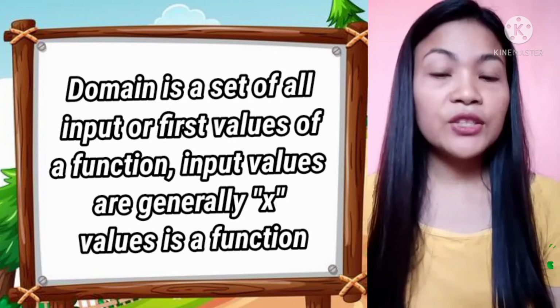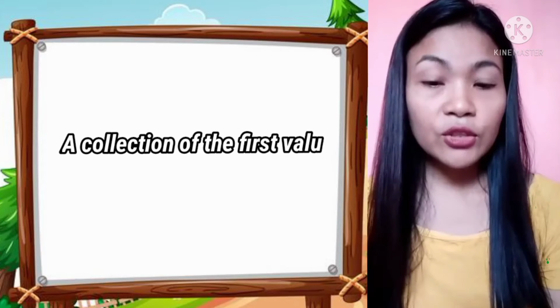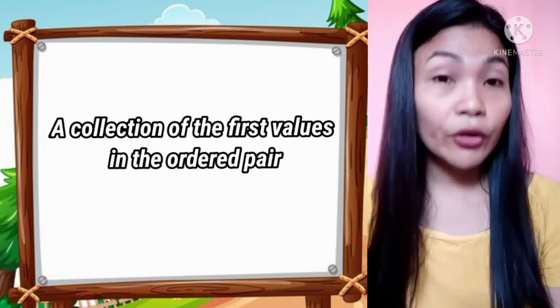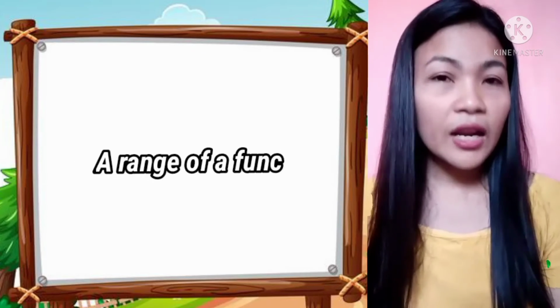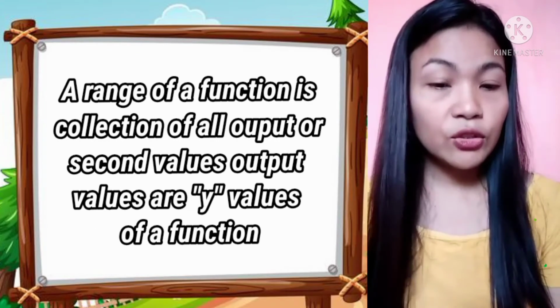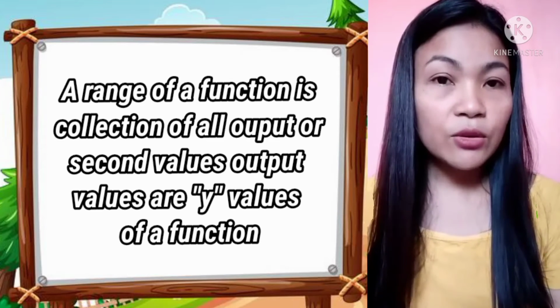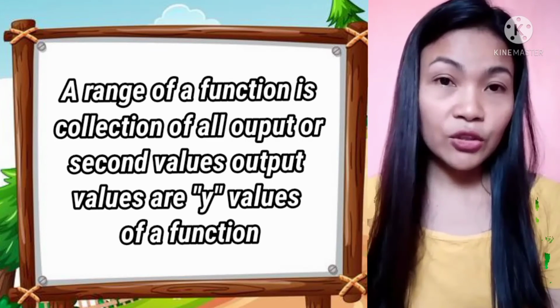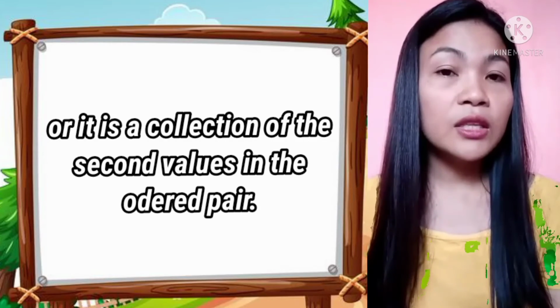Input values are generally x values, or a collection of the first values in the ordered pairs. And what is a range? A range of a function is a collection of all output or second values. Output values are y values of a function, or a collection of the second values in the ordered pairs.